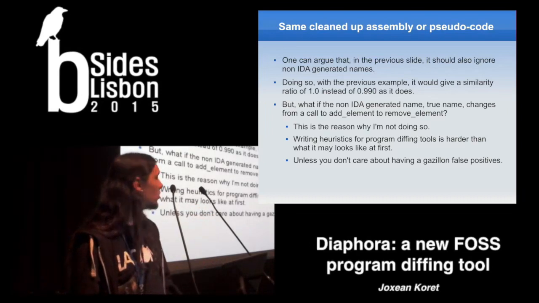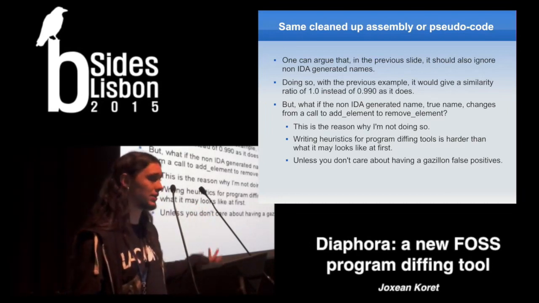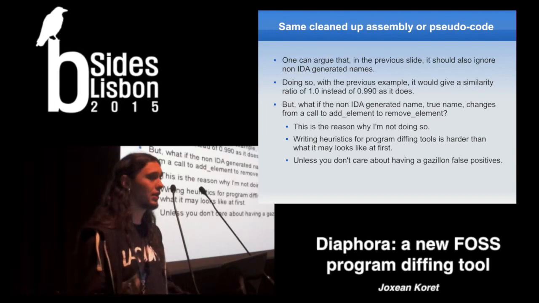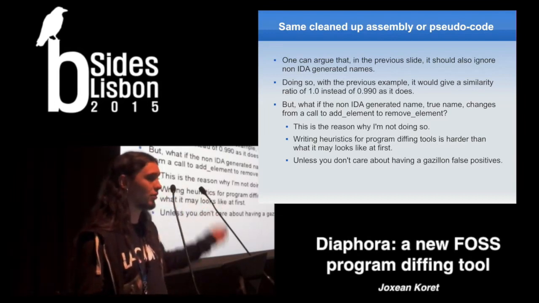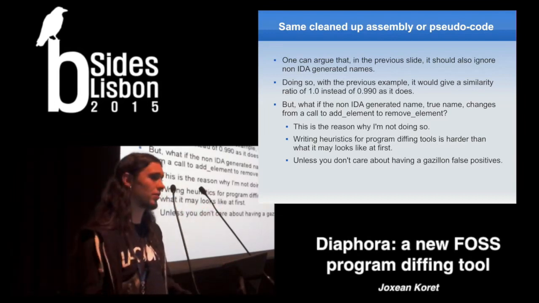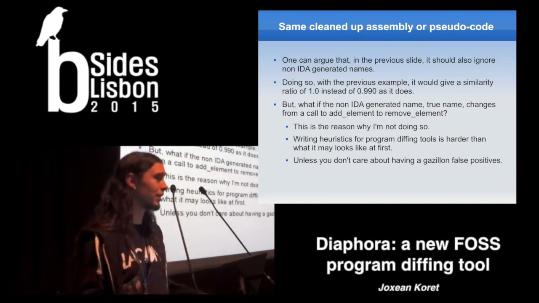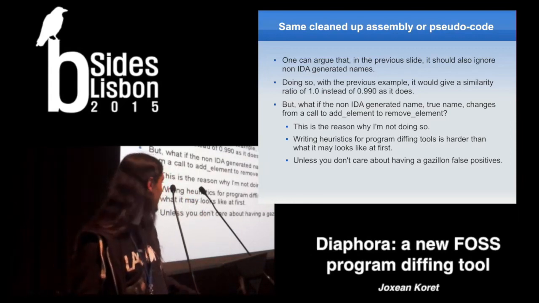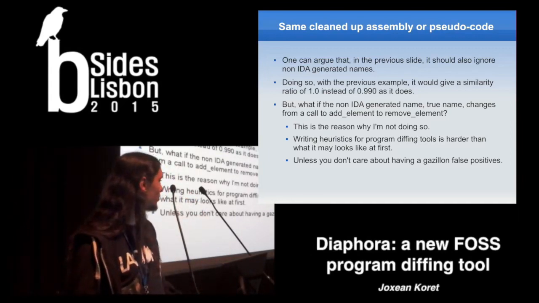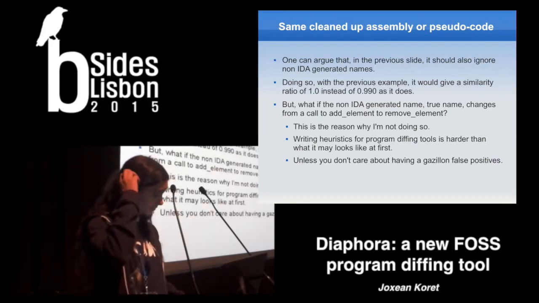However, I prefer not to do so because in this case it is clear that it's the same function, but in other cases, let's say that it is a function call that I removed or ignored the name, we could be matching, for example, a function that is adding an element to a list with a function that is removing elements from a list. This is one reason why I don't do that.